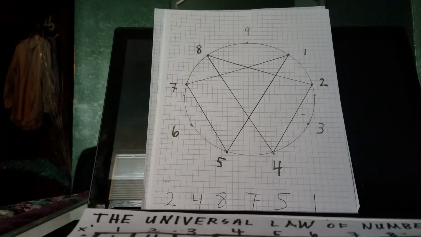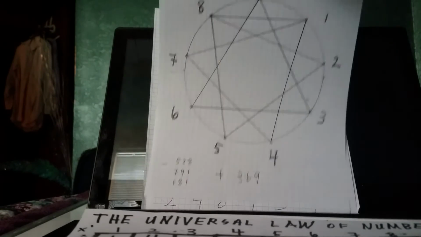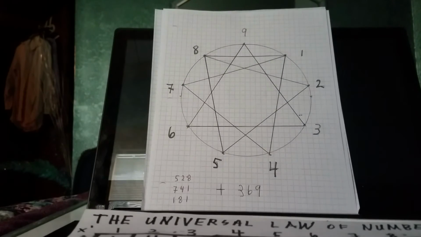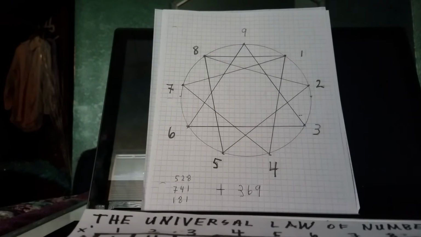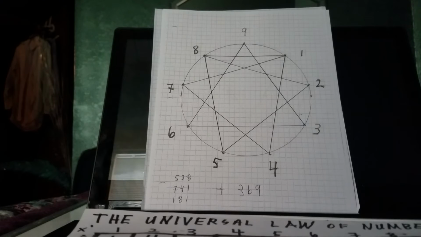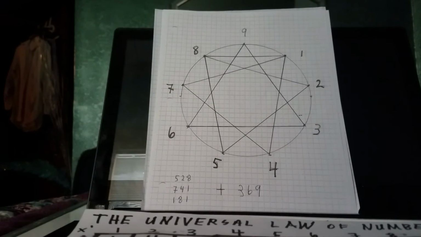So what I did with this one, I did a little bit different this time because I actually used the 9 points on the circle. Well, when we divide the circle up into 9 points, they're going to be 40 degrees apart. And this is what the diagram looks like with the 248751, well, really, the 528, the 741, and the 851, plus the 369.